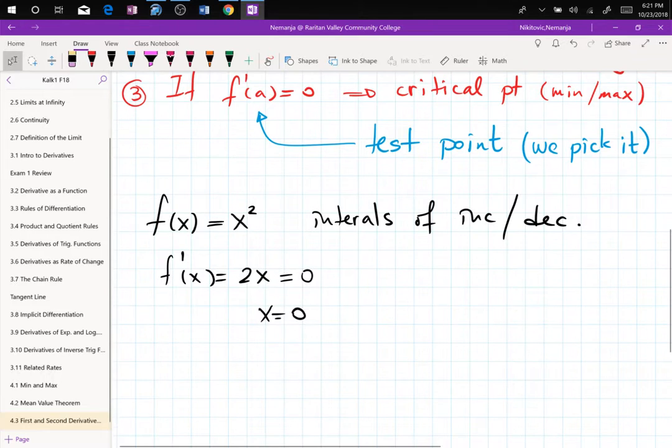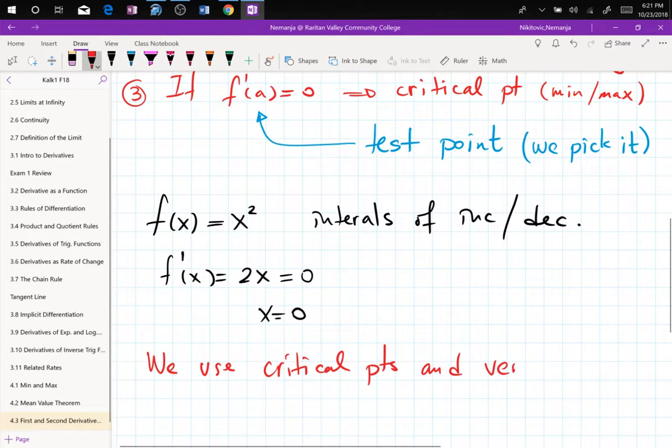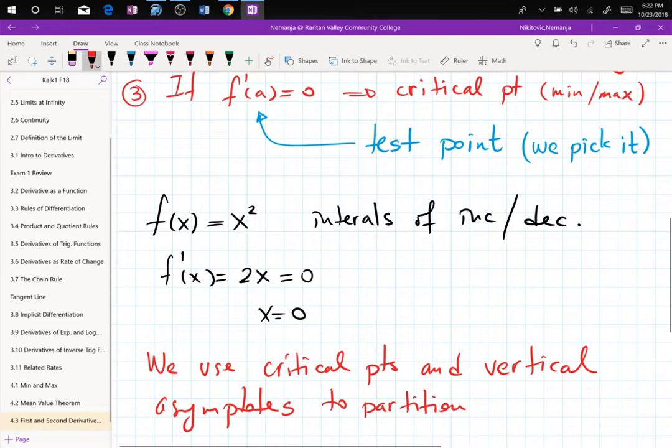And we use critical points and vertical asymptotes to partition the domain.